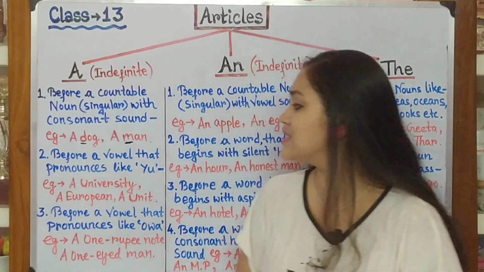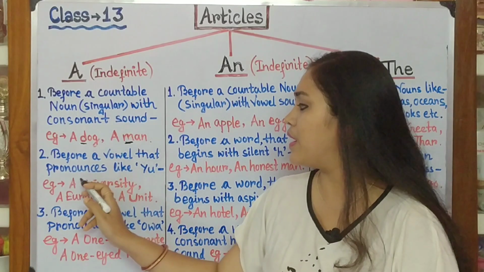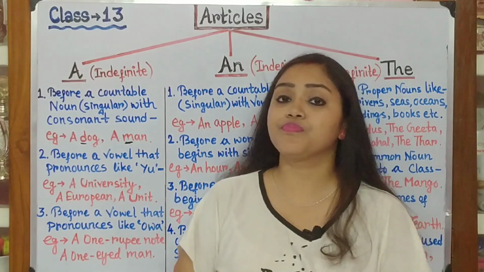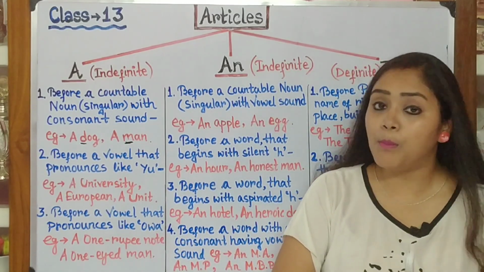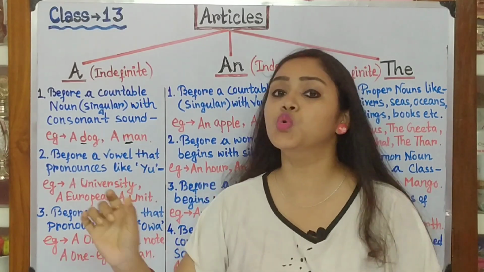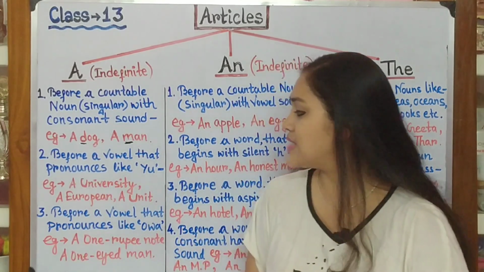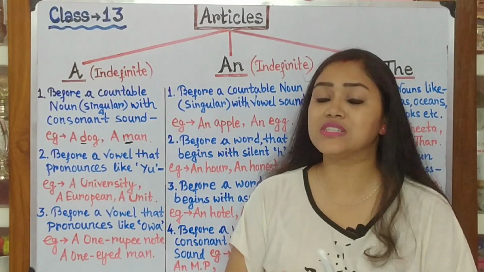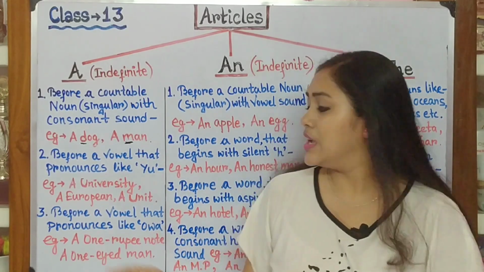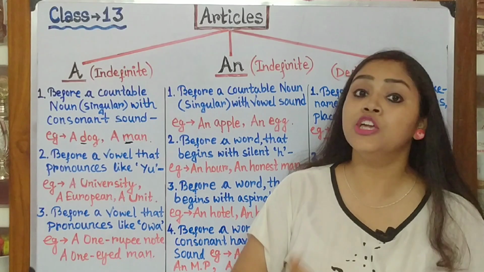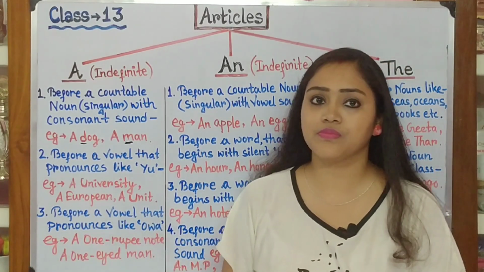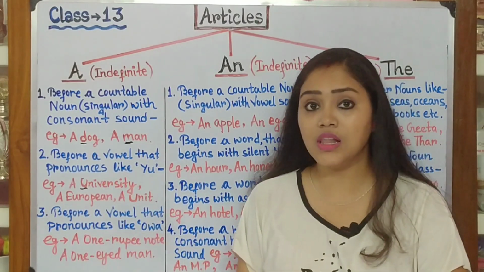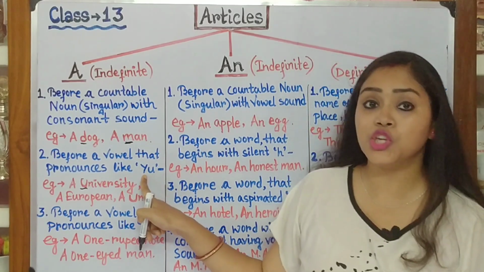Now in number 2, before a vowel that is pronounced like yu. Maybe it is a vowel, but it is pronounced like yu. For example, a university. Here, U is pronounced like yu. So the first letter may be a vowel, but it is pronounced like yu.